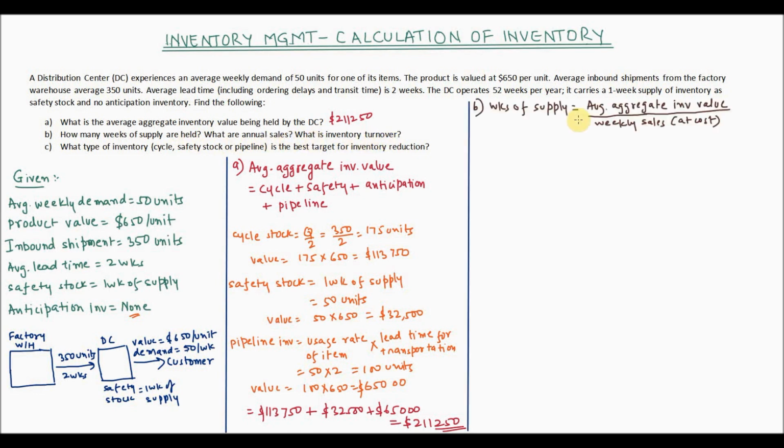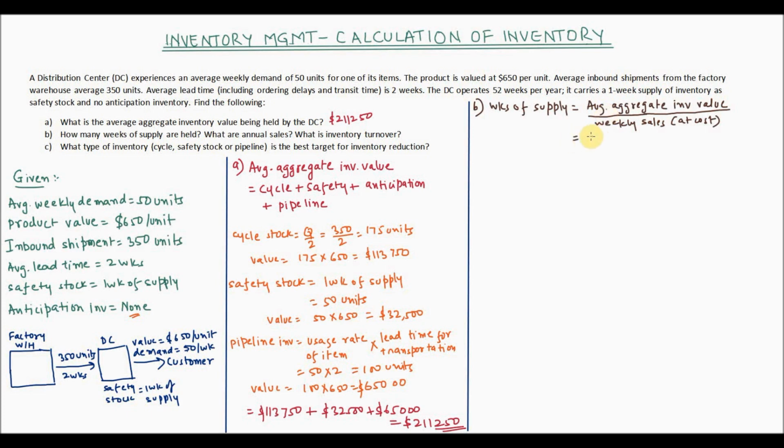So let us do that. So weeks of supply is calculated as average aggregate inventory value divided by weekly sales. So basically, how much is the inventory that you have and what is the demand that is there every week. So that way you can find out for how many weeks will this inventory last if you do not get any more supplies.